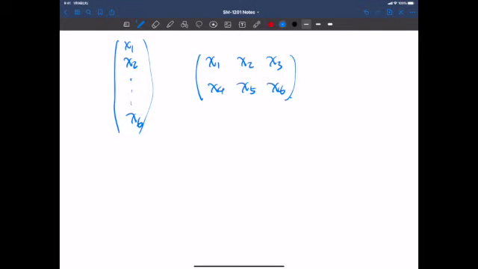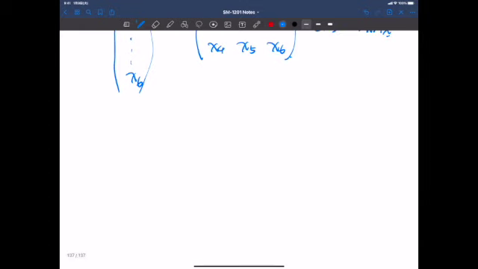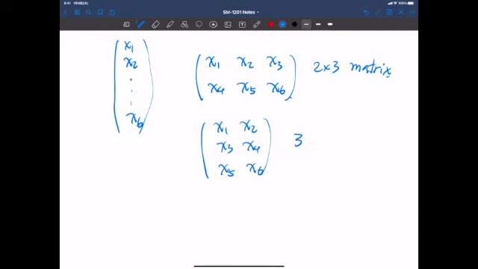And this is called a 2 by 3 matrix. Of course we could also write x1, x2, x3, x4, x5, x6 as a 3 by 2 matrix.